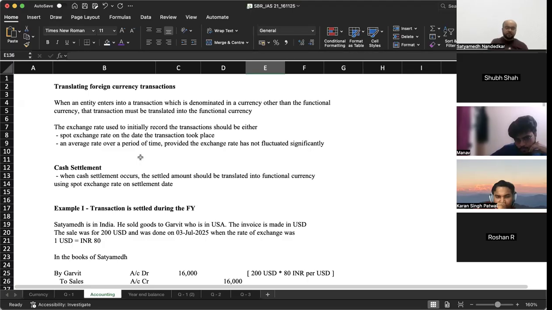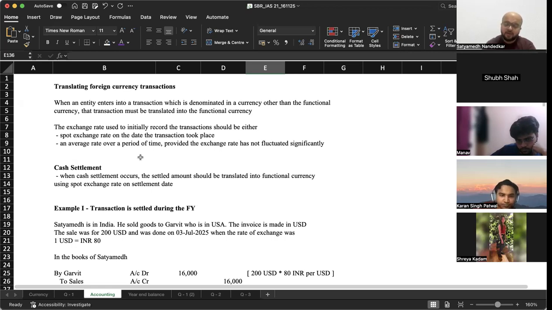The exchange rate used to record the transaction should be either the spot rate on the date the transaction took place or an average rate over a period of time, provided the exchange rate has not fluctuated significantly. When cash settlement occurs, the settled amount should be translated into the functional currency using the spot rate on the settlement date.